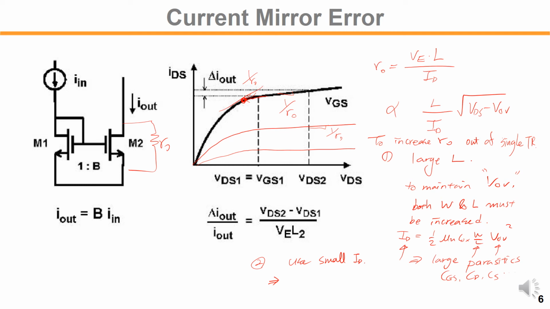To increase the RO, you may use a smaller device, but for a fixed device size, for example W over L, if you cannot change this size, then a smaller current level will result in a large RO.